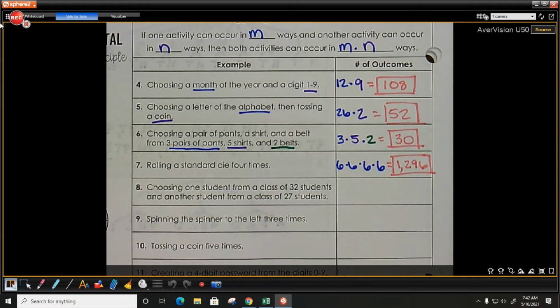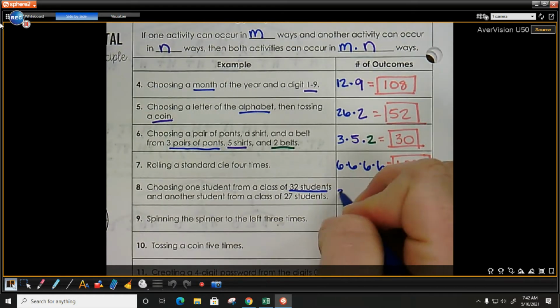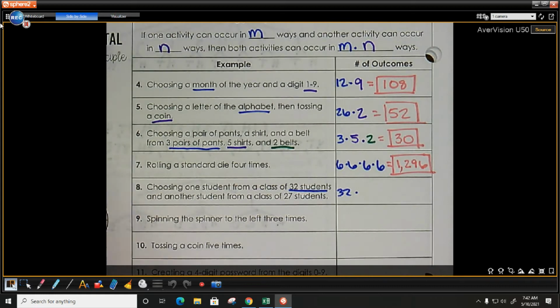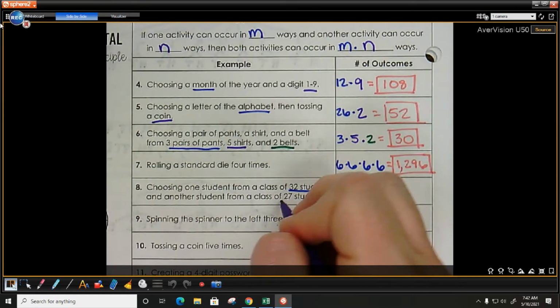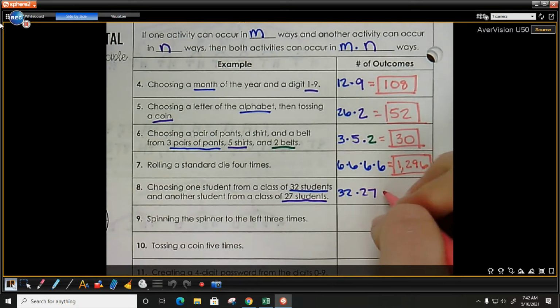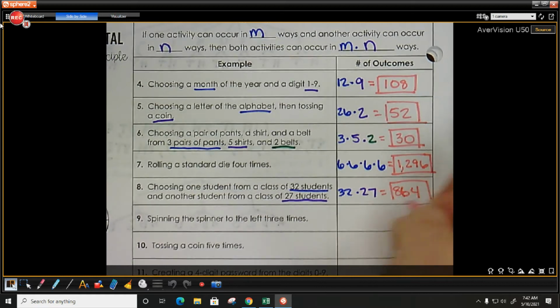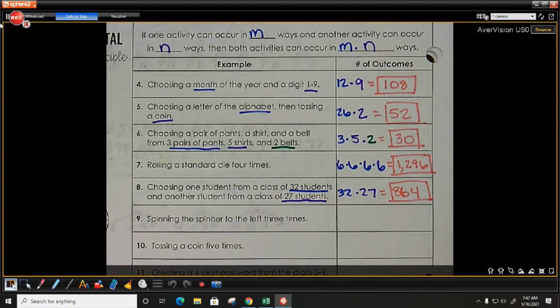Okay. Choosing one student from a class of 32 students times choosing a student from another class that has 27 students gives you 864 different options or combinations.